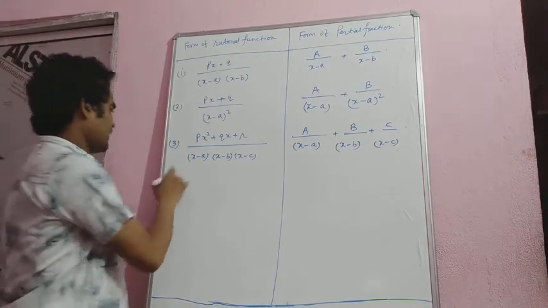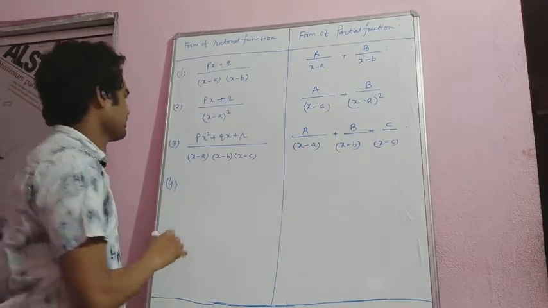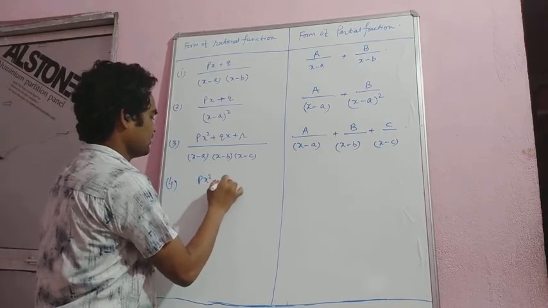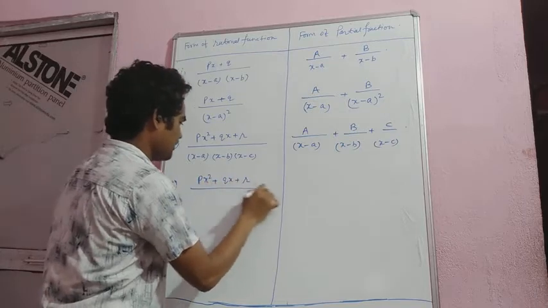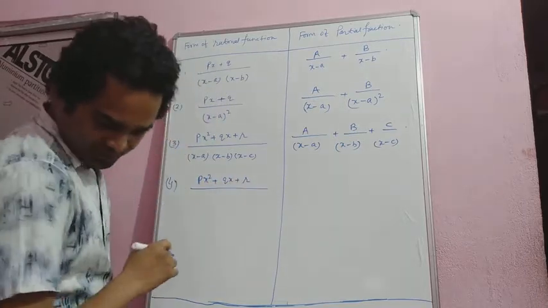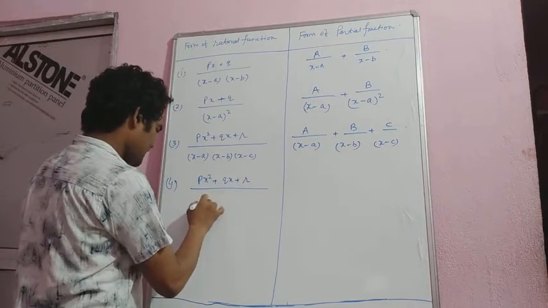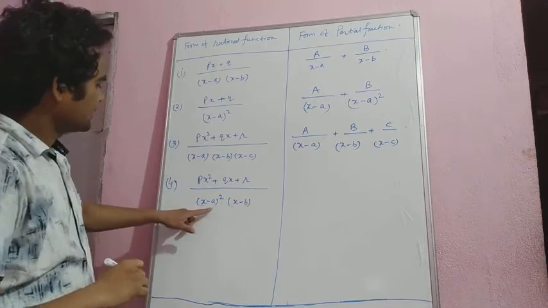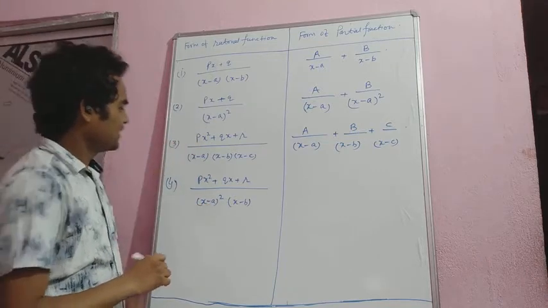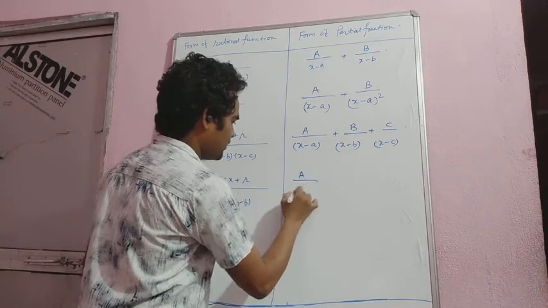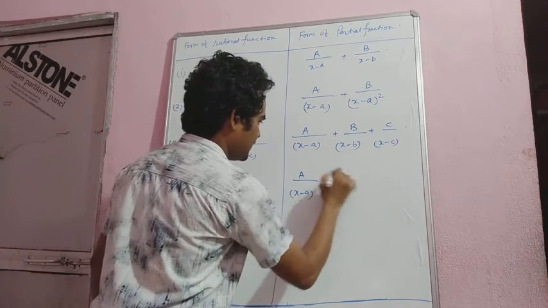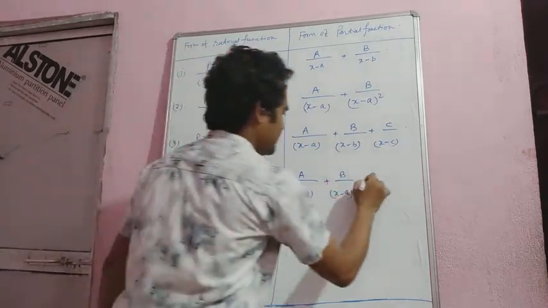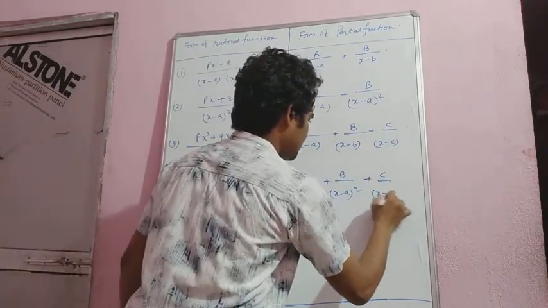Clear? Now the fourth is px square plus qx plus r upon (x minus a) whole square into (x minus b). Here we know that for (x minus a) whole square, we write A upon x minus a plus B upon (x minus a) whole square, and plus C upon x minus b.